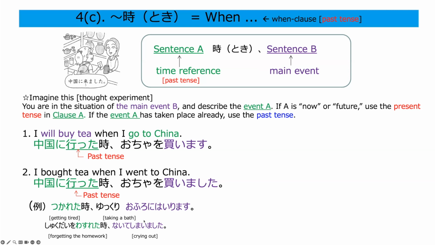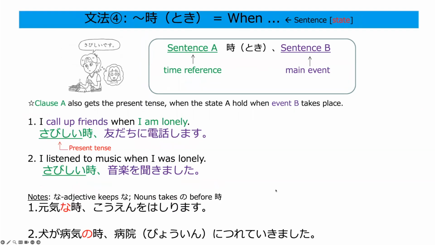From the point of crying out, forgetting the homework, leaving the homework at home for instance, has to happen before this action. Therefore, past tense. Got it?